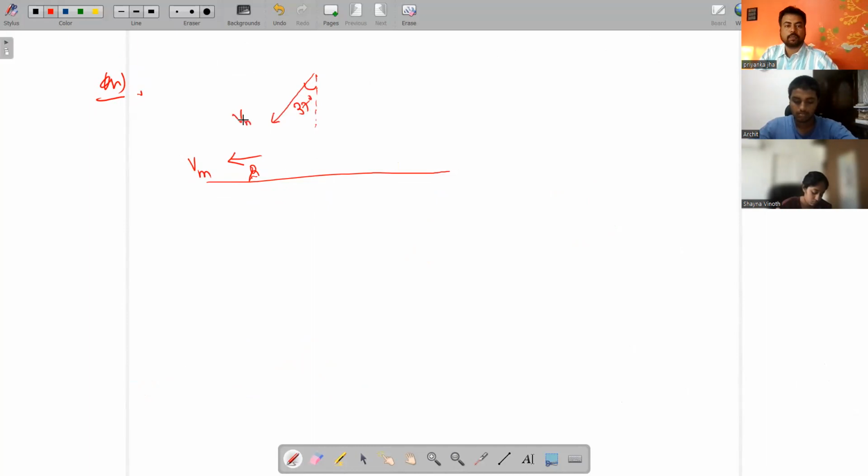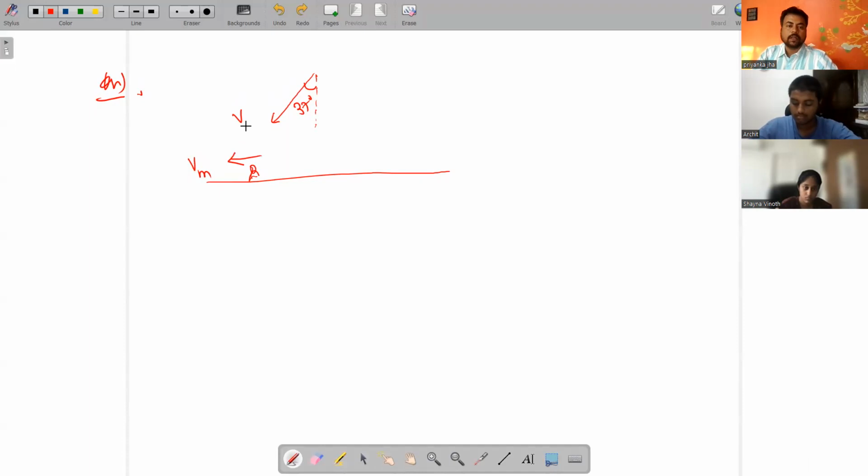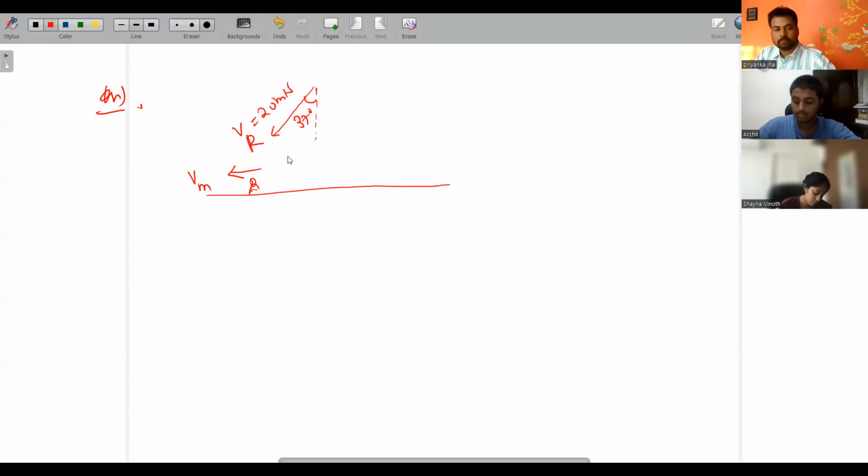This is the velocity of rain with respect to man. No, rain is actually falling at 37 degree with the vertical with some speed that is 20 meter per second. Man is also moving, and rain is falling at 37 degree with vertical.